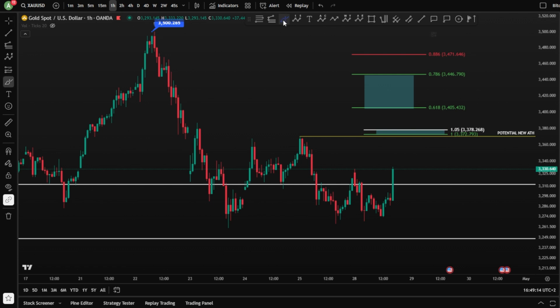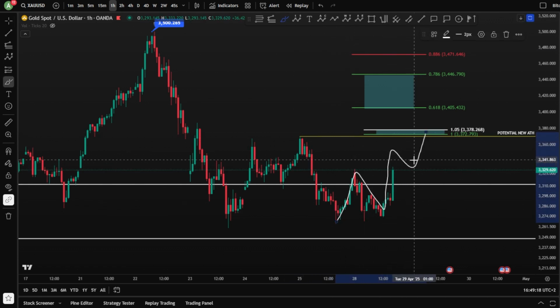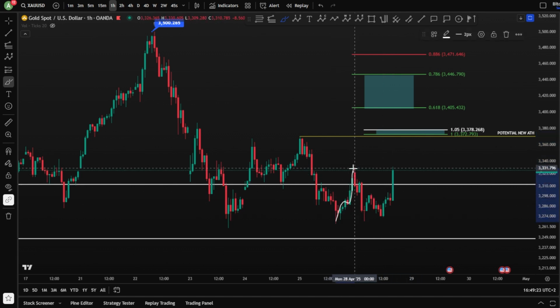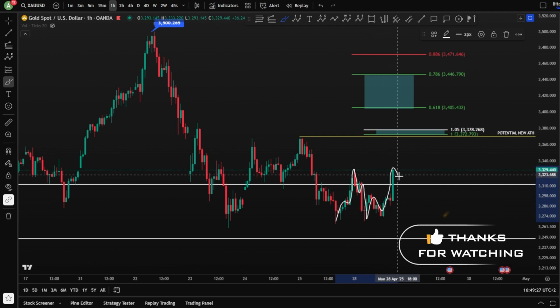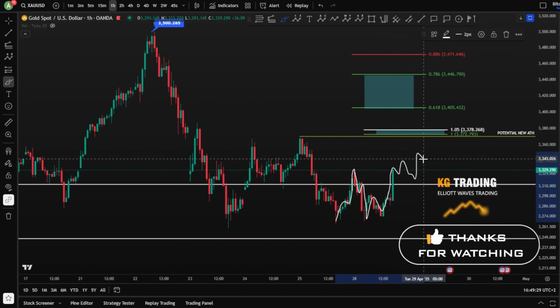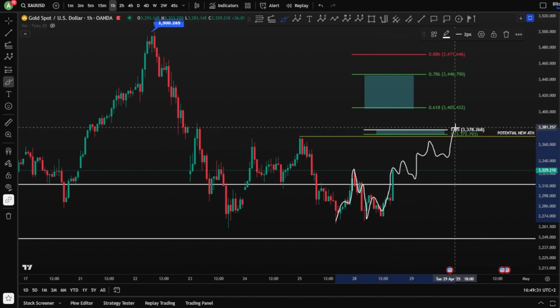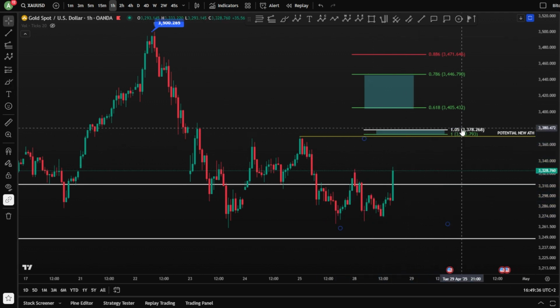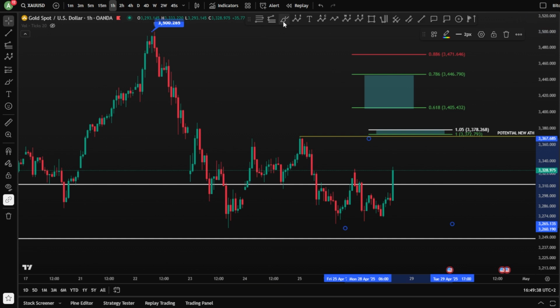I'm looking for the following: 1, 2, and then 3, 4, and a 5. It can be an ending diagonal potentially as well, because of the formation of a zigzag inside this wave 1. You see correction, and now you're looking at an impulse, correction, impulse, correction, and then wave 5. It's going to be a little bit choppy here until we reach the 1-to-1 fib levels. This is what I'm suggesting.